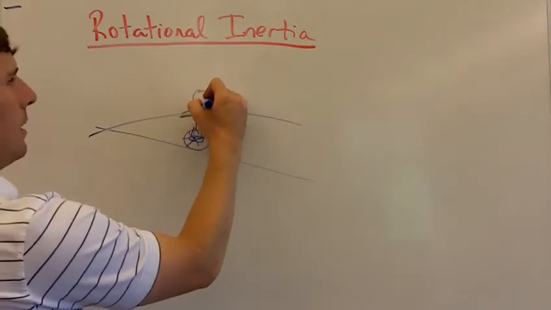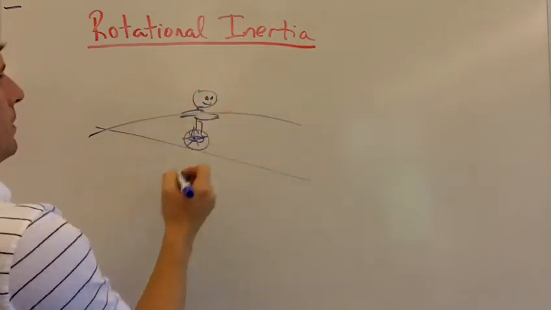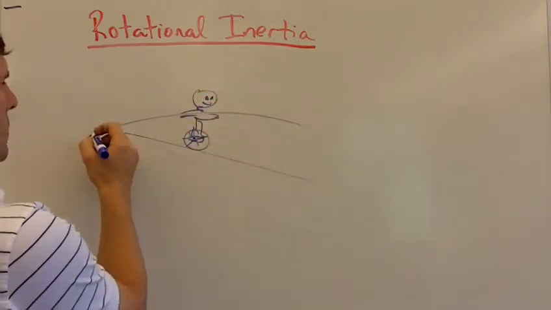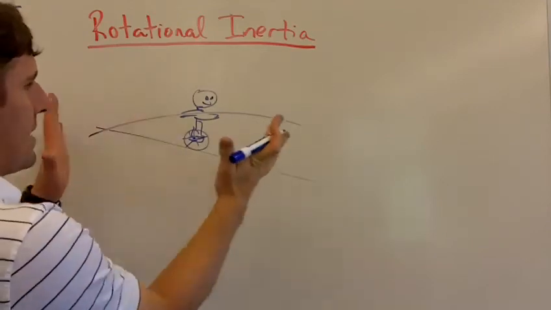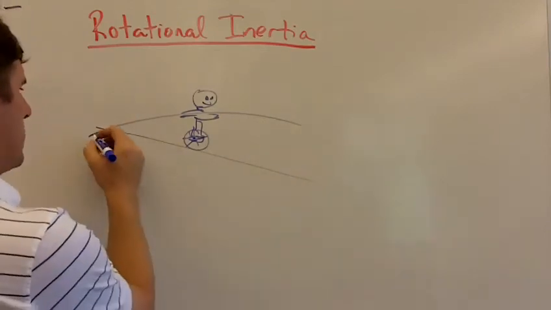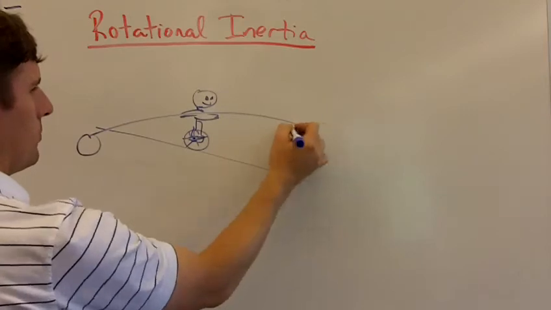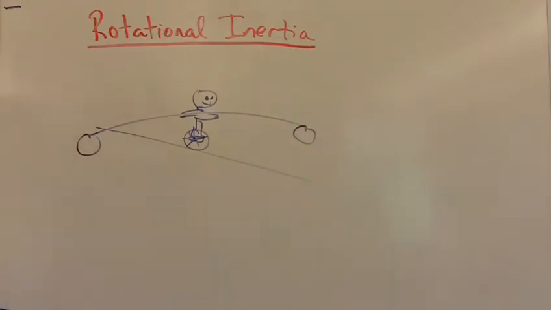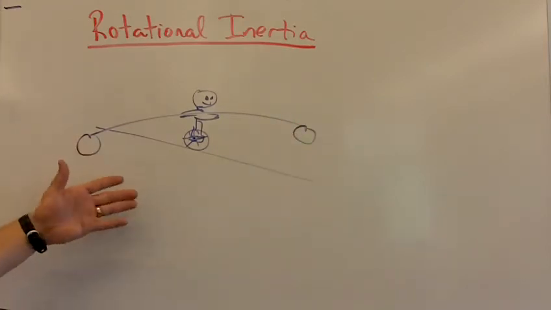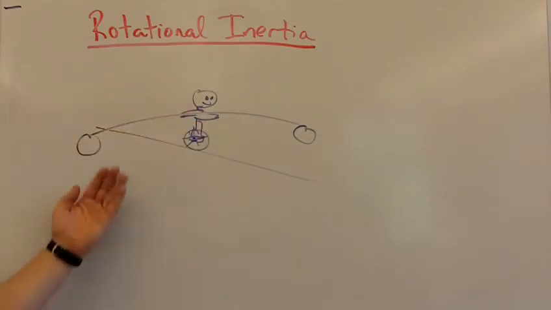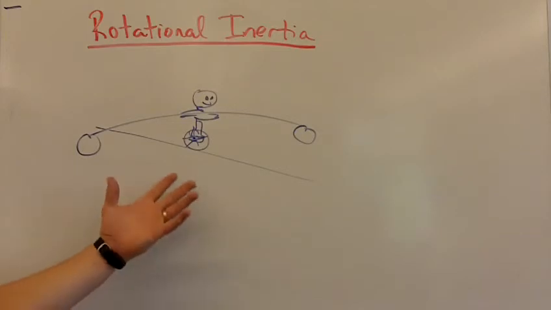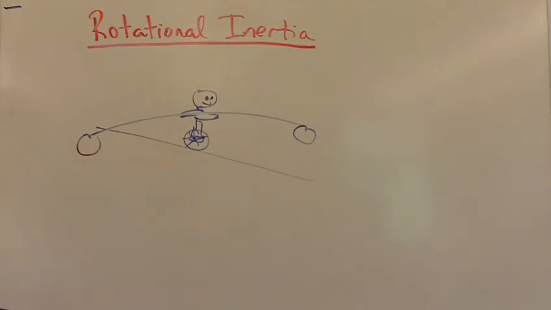Well, here's the clown, and the pole does what? Well, it moves mass away from the axis of rotation. And the question, I think we put some masses on the end there, and we want to know what are 3 ways that this guy is able to be stable riding across this tightrope on a unicycle with a long pole with weights on the end.